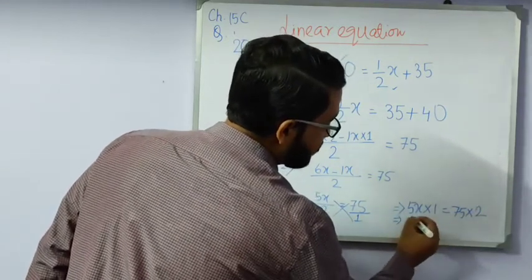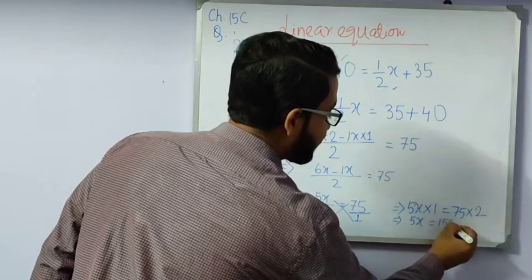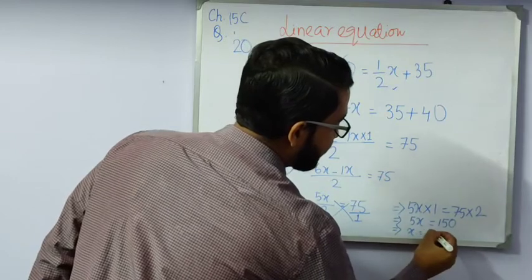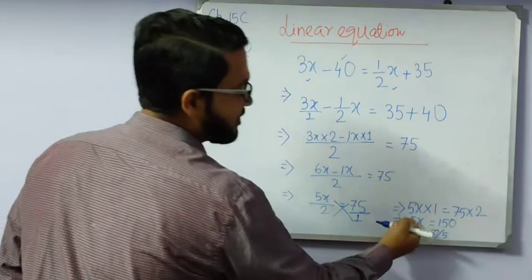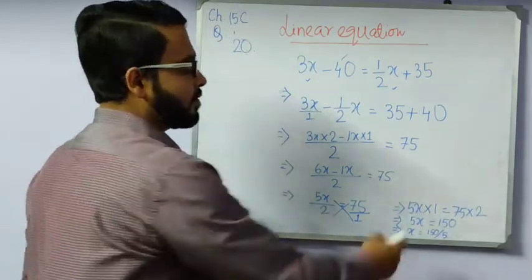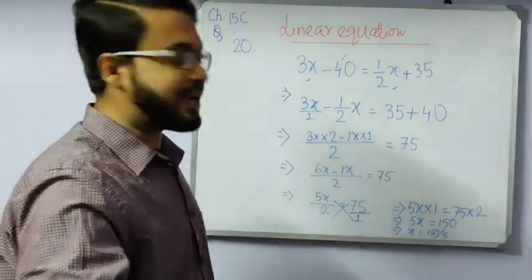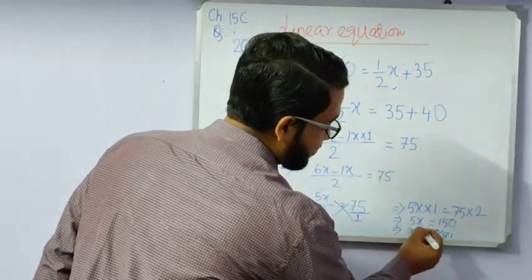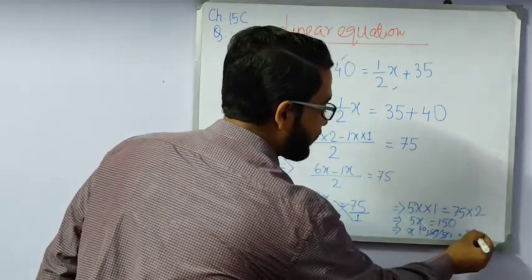So 5x into 1 means 5x. 75 into 2 means 150. So x is equal to 150 upon 5, because this 5 is in multiplication form, when it changes sign, it comes in the denominator, means divide. So 5 1 times 5, 5 3 15, 30 times. So the answer is 30.